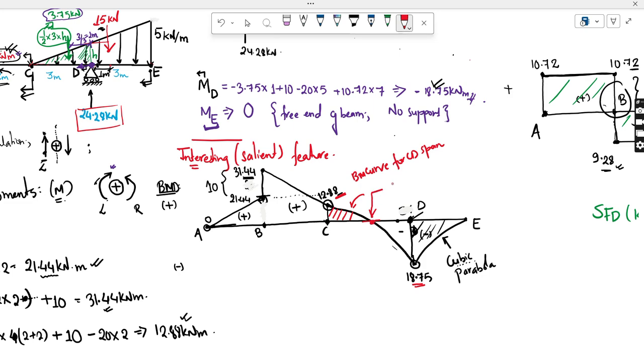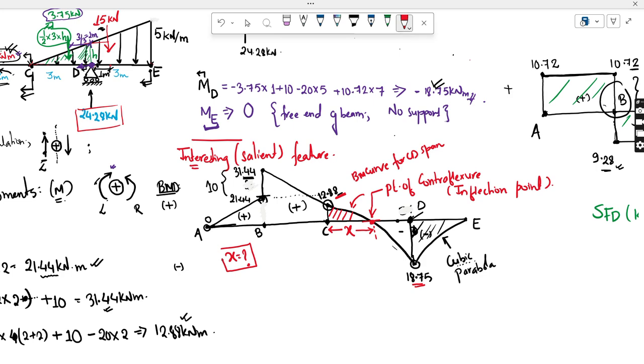So this point is called point of contraflexion, or you can call it inflection point also. Point of contraflexion, inflection. This is acting at x distance from C. So you have to find what is this distance.